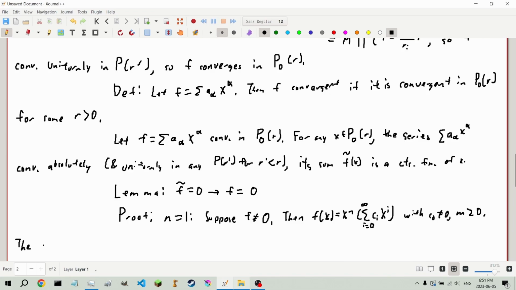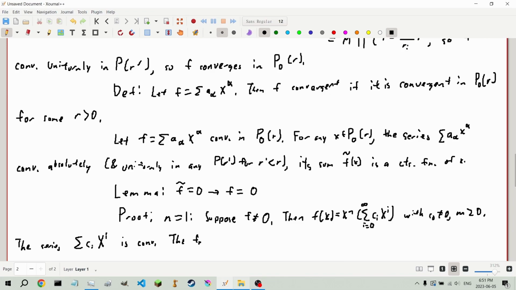Now, the series, the sum of c sub i x to the i, where x looks like it's supposed to be the indeterminate, is convergent.